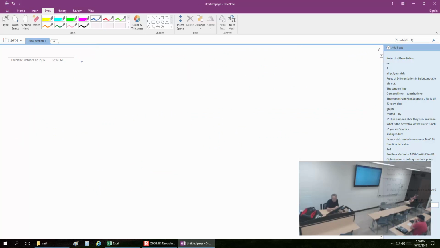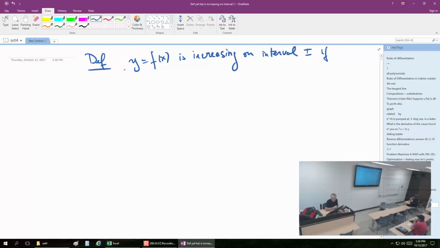Definition: a function y equals f of x is increasing on interval I if f of x1 is less than or equal to f of x2 for all x1 less than or equal to x2.